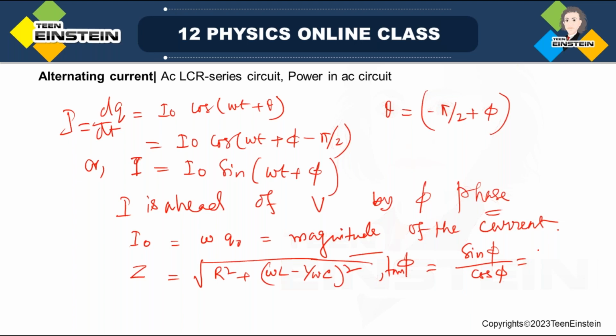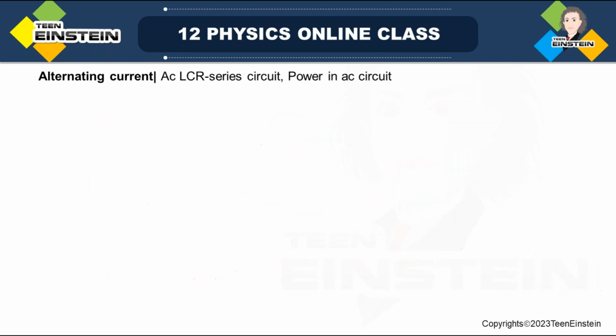So how have we taken sin phi? Sin phi we have taken as 1 over omega C minus omega L, taking the magnitude, divided by Z, and cos phi is R by Z. So Z going off, it will be 1 over omega C minus omega L divided by R. That means XC minus XL.